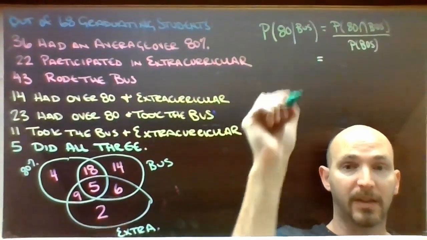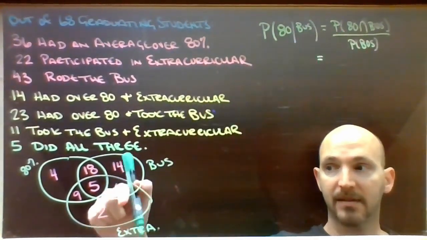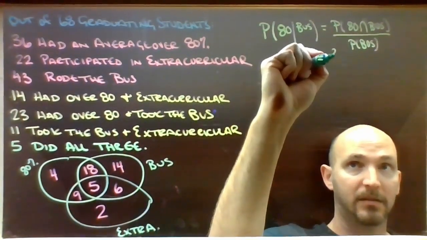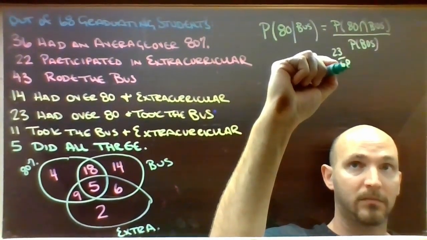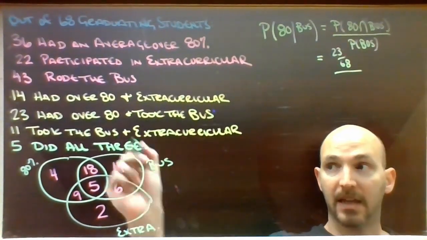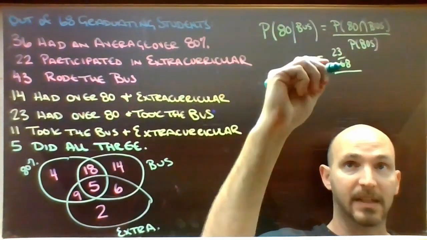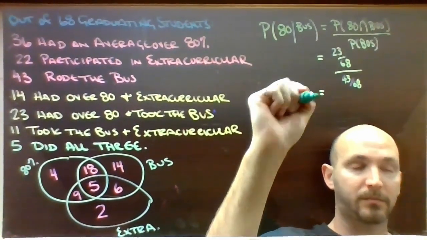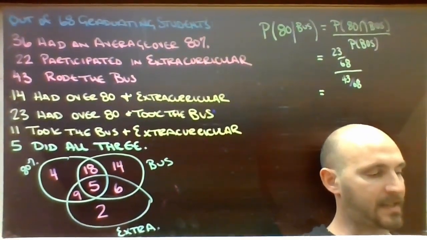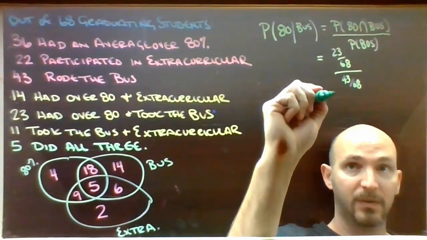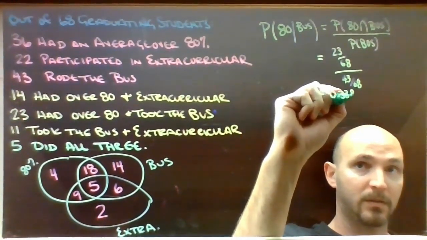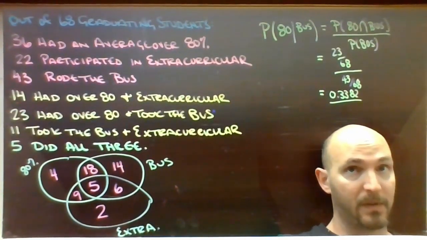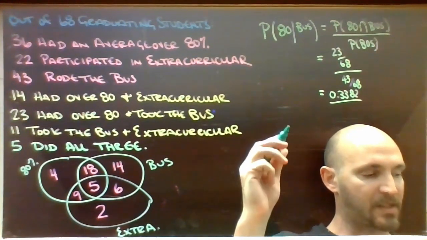So if we just run quickly through that calculation, 80 and the bus would be 23 out of 68. Probability of taking a bus was 43 out of 68. 23 divided by 68 is 0.3382. 43 out of 68 is 0.6324.